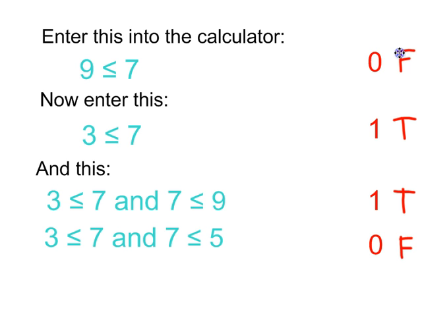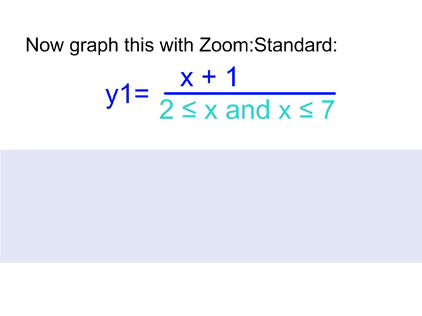Okay, so we're going to take advantage of this calculator functionality, which is typically used, as far as I can tell, in making programs for the calculator, but we're going to use it to restrict our domain. Let me show you how that works. Go ahead and enter this into your calculator, please, and graph it using zoom standard, zoom number 6, on your TI-83 or 84.